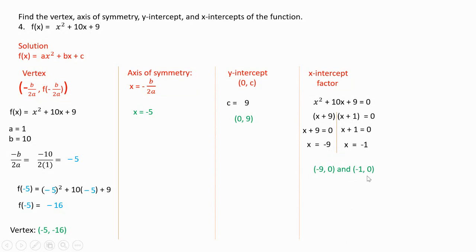Okay, then how do you know when they want just the x values or the point? On MyMathLab, at times it gives you parentheses and then you have to fill in the blank. If they give you the parentheses, it means that they want the actual point. Okay, so be careful with how you answer this particular problem with the x-intercepts on your MyMathLab.